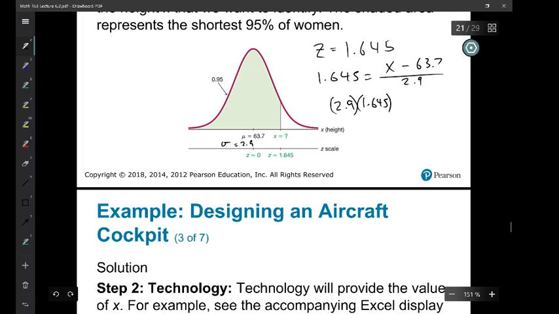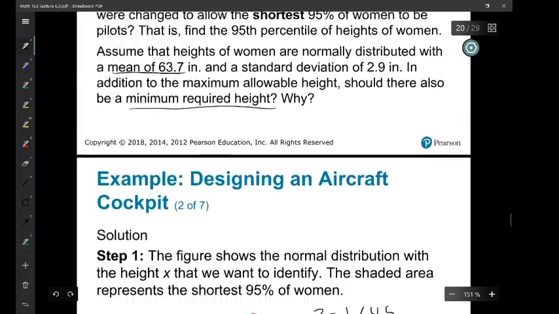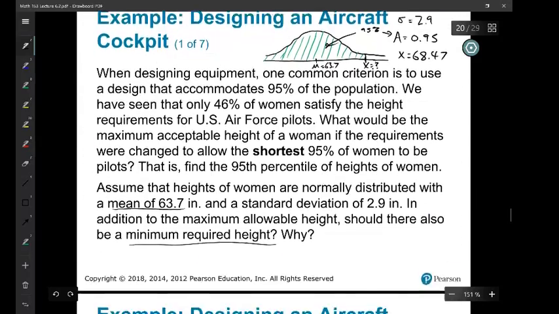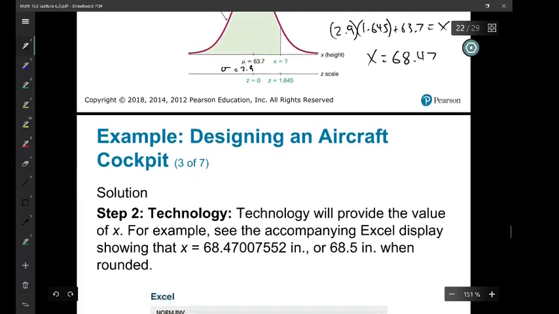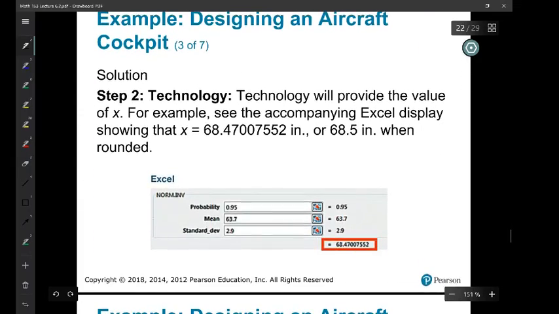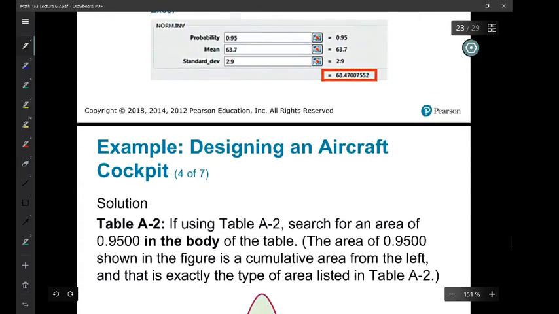Add the 63.7 over. And then have your x. You would get that x is 68.47 here, if you do this arithmetic. We don't need to do that on StatCrunch, as you just saw.